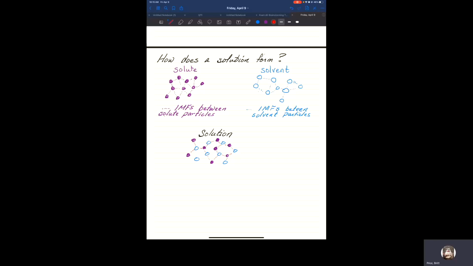So in solution, new IMFs between the solute and solvent must form.